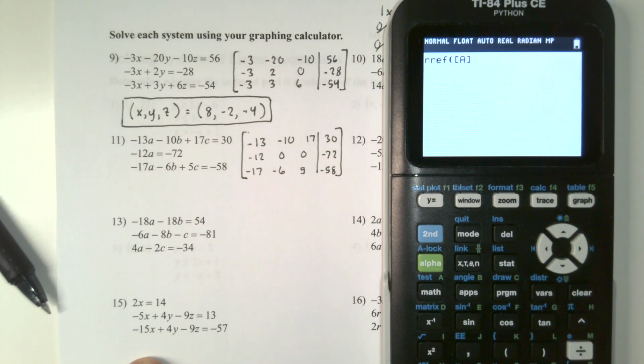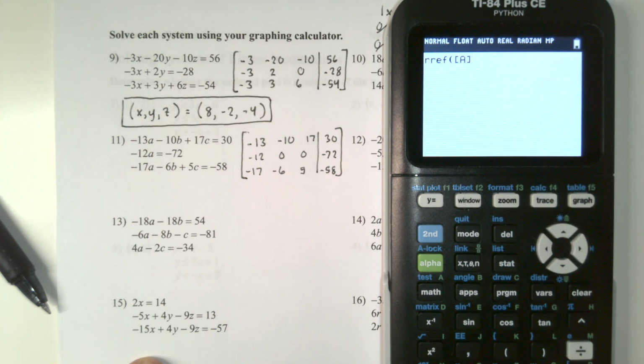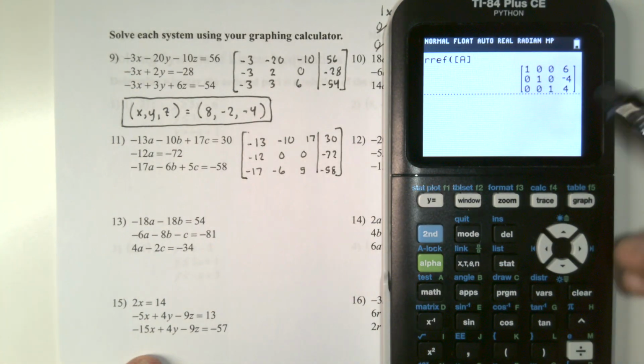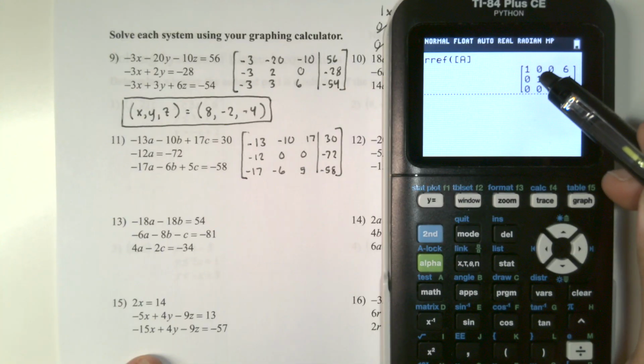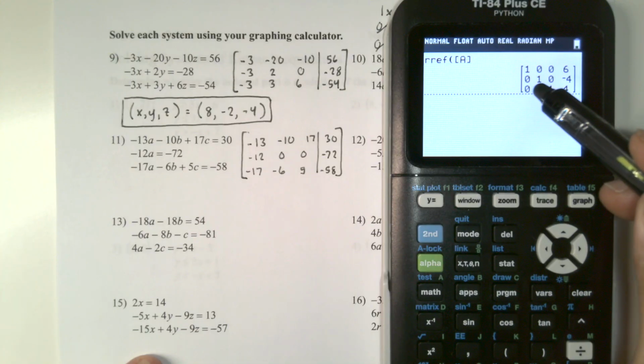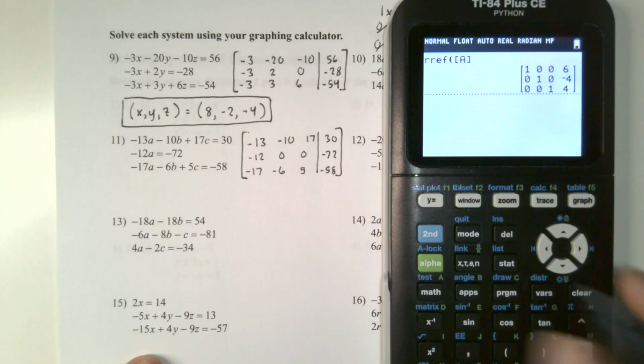When we hit enter, now we have RREF of A, and when we hit enter, we have our answer. That tells us that x equals 6, because that means 1x plus 0y plus 0z is equal to 6. We have y is equal to negative 4, and z is equal to positive 4.